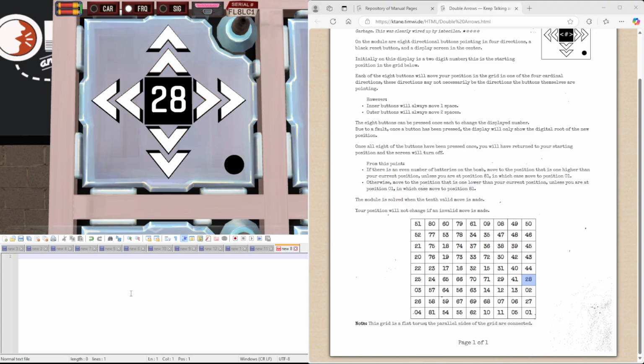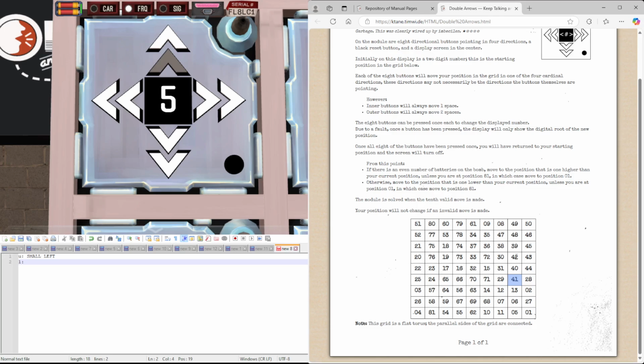So spool up is left. It's spool left. 4, 2, 4, 1.